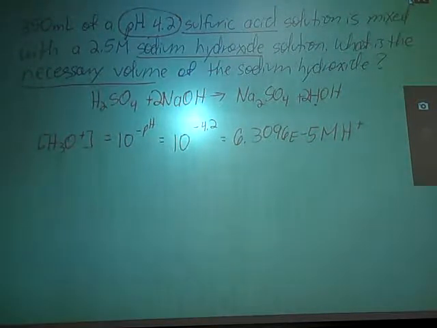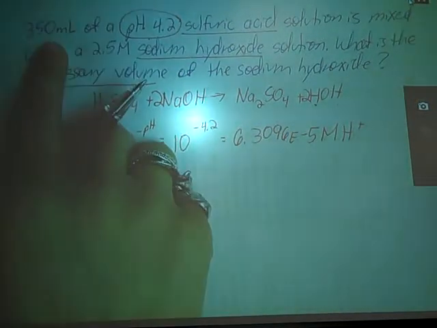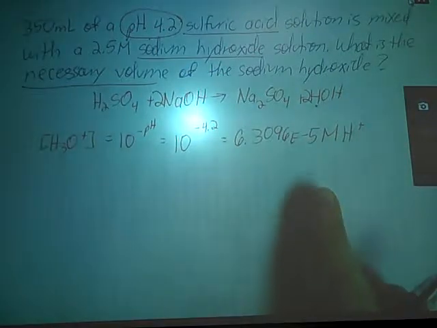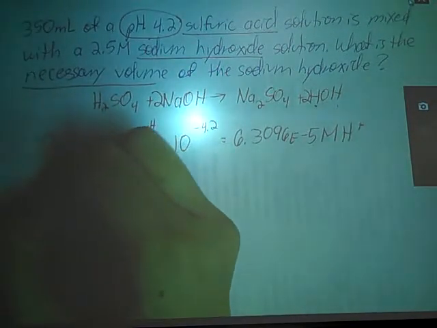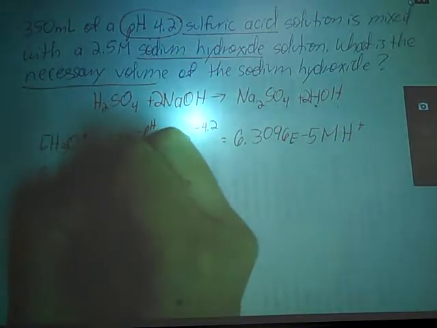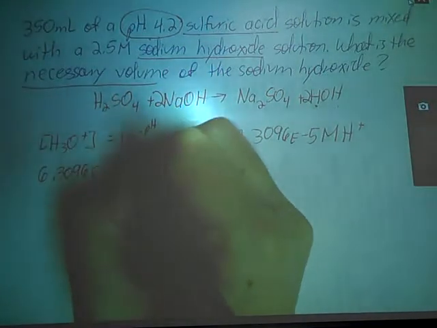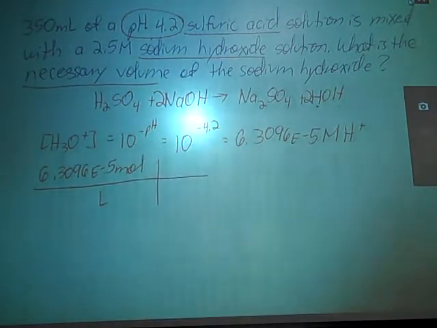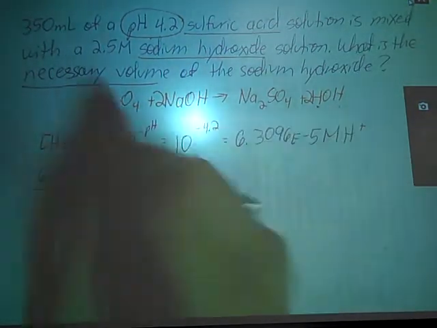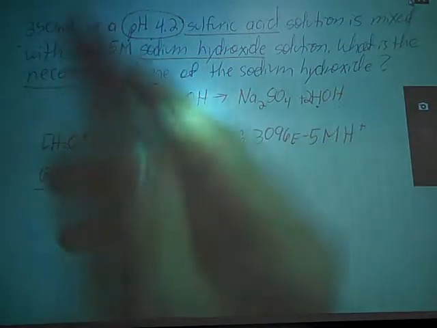So now that I have the molarity, I can use my volume here to figure out just how many moles of that hydrogen are floating around in this solution. So I have 350 milliliters, that's about 0.35 liters.